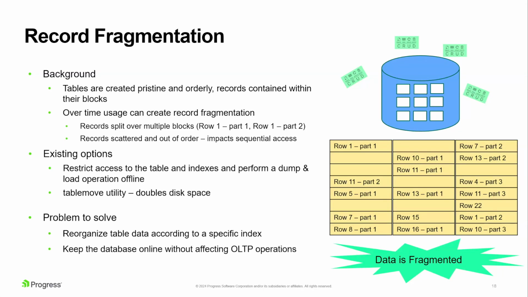But when you do that, that doubles your disk space use. So that's sort of contrary to making it easier for you to manage space. So the problem we wanted to solve was how do we reorganize table data according to a specific index, but keep that database online so it doesn't affect your OLTP operations.